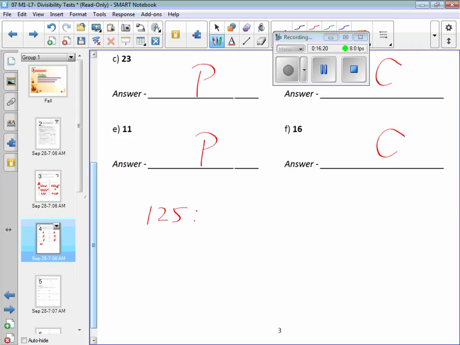Continue on this page and make it 125. Will 2 work? No. Will 3 work? 4 work? No. Will 5 work? Yes. Composite. What's the next one? Here we go.